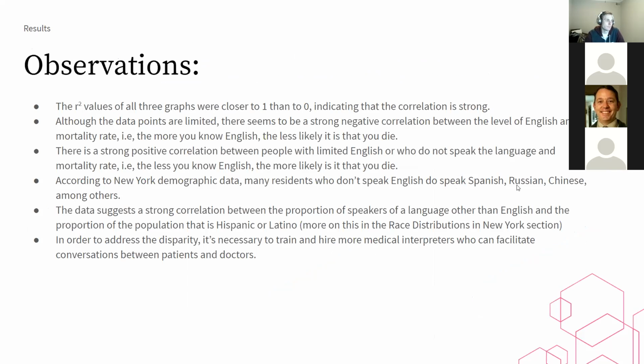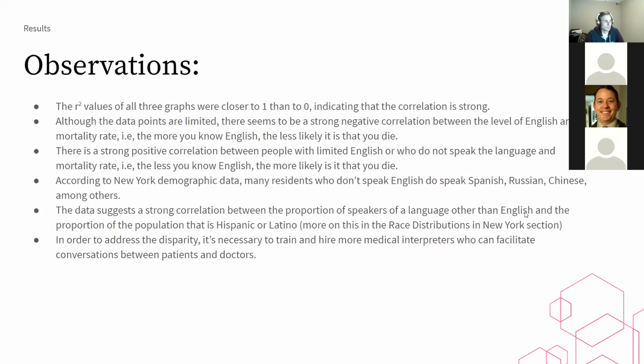So one thing I want to highlight on this page, and this is one of my team members, so it's not as fresh in my mind as some of the other work that we did. But the New York demographic data, residents who don't speak English do speak Spanish, Russian, Chinese, among other languages.